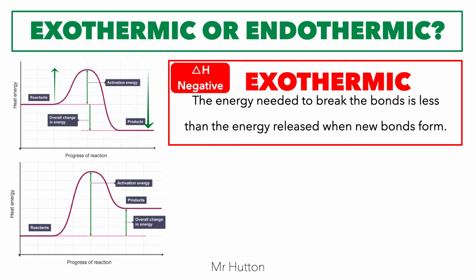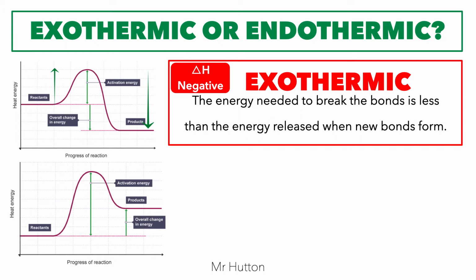So you can see I've added two green arrows on there by the reactants and by the products. The reactants part going up, that's the energy needed to break those bonds. And you can see that that's quite a bit smaller than the green arrow on the right by the products, and that's the energy released when the new bonds form.